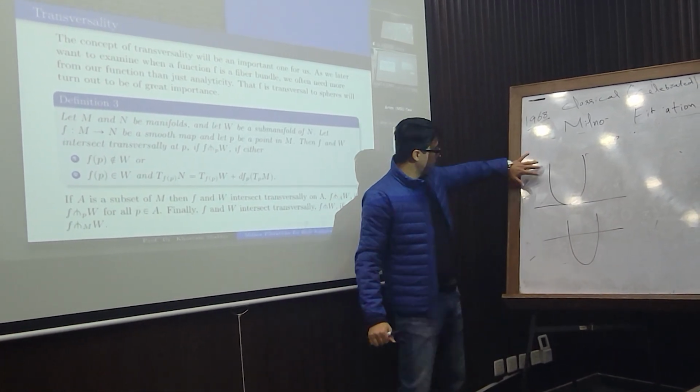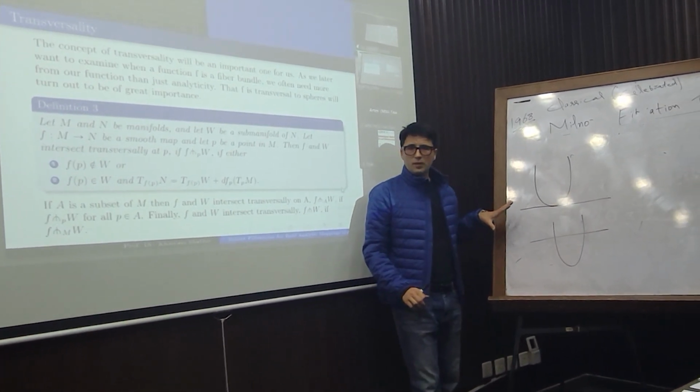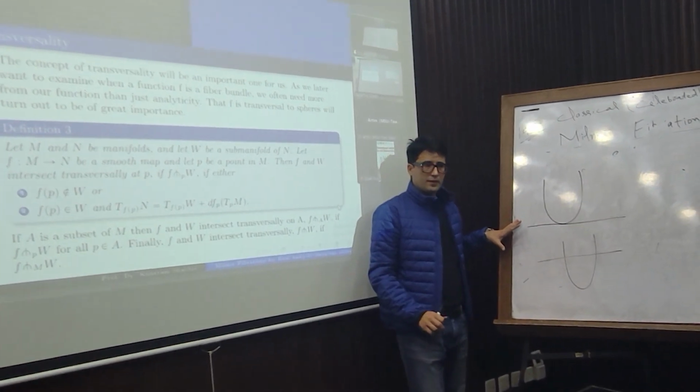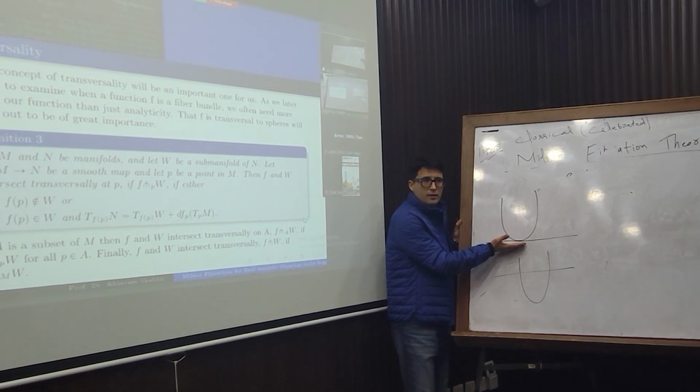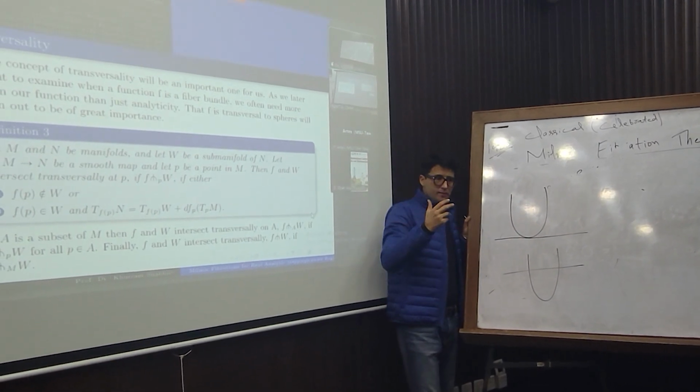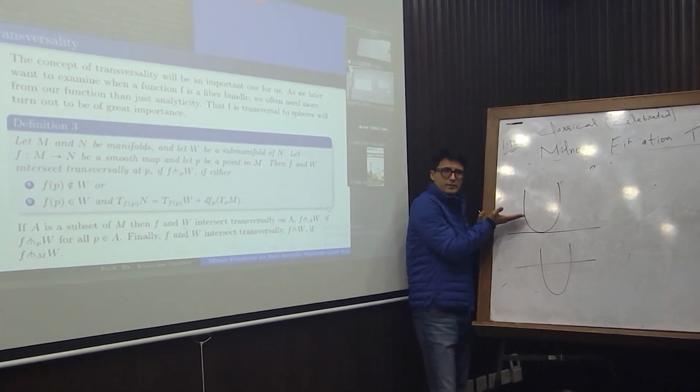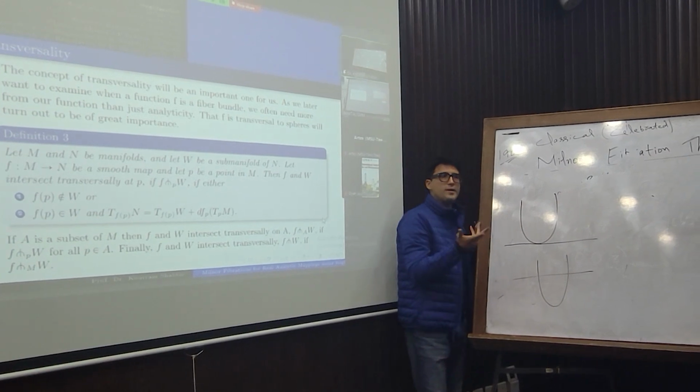So this is the intersection of two submanifolds, but this intersection is a tangent. Transversal means if I move a little bit, the intersection should not change.